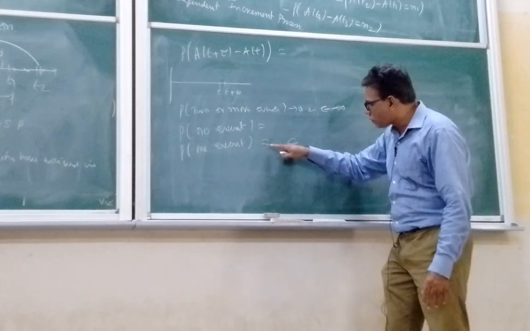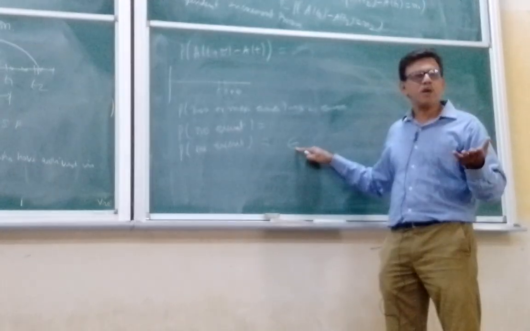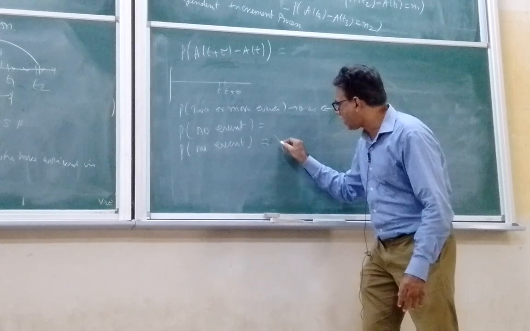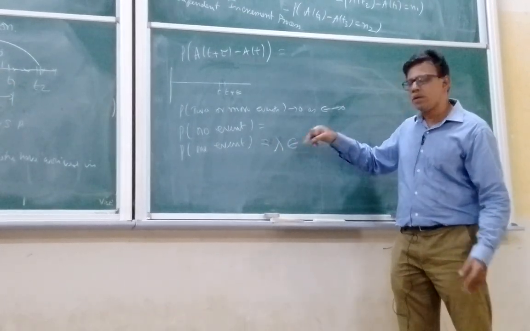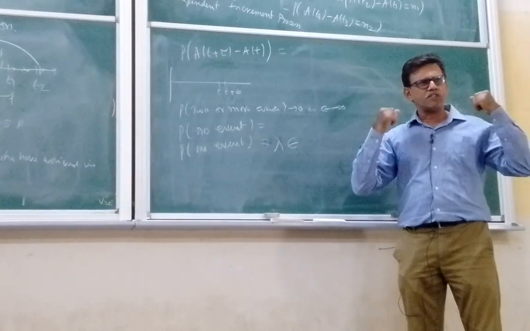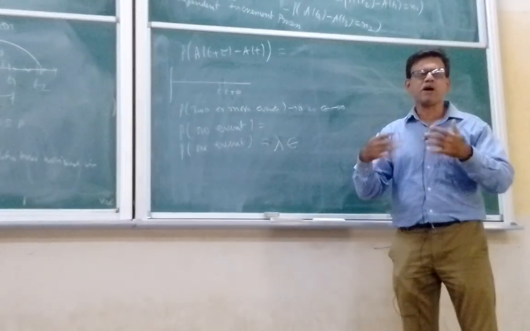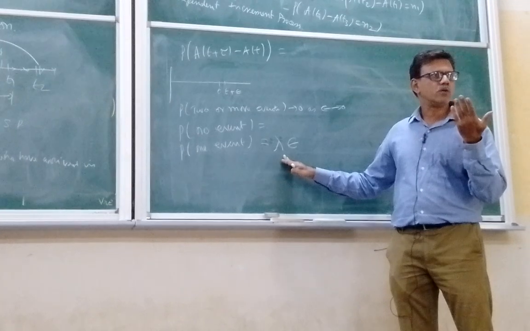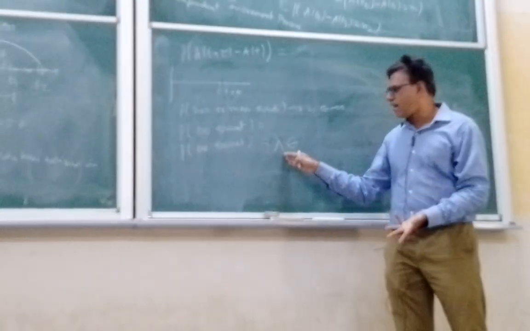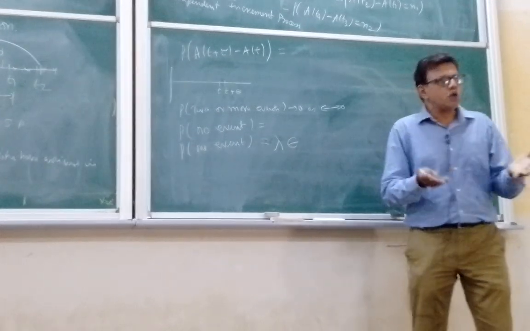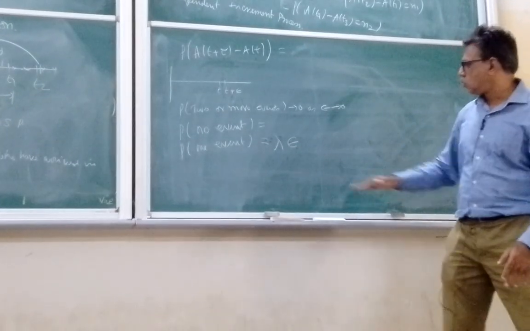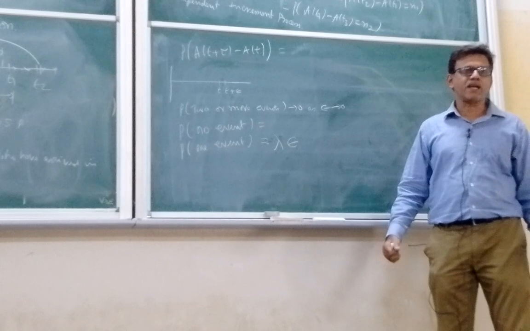So it is proportional to epsilon, and there has to be a proportionality constant which I will call lambda. Lambda can be more or less. If there is a process where a large number of people keep coming, then the lambda value will be large. Where people come very rarely, then the lambda will be small. But the fact that it is proportional to interval size should be true. So this is what I can generally make.